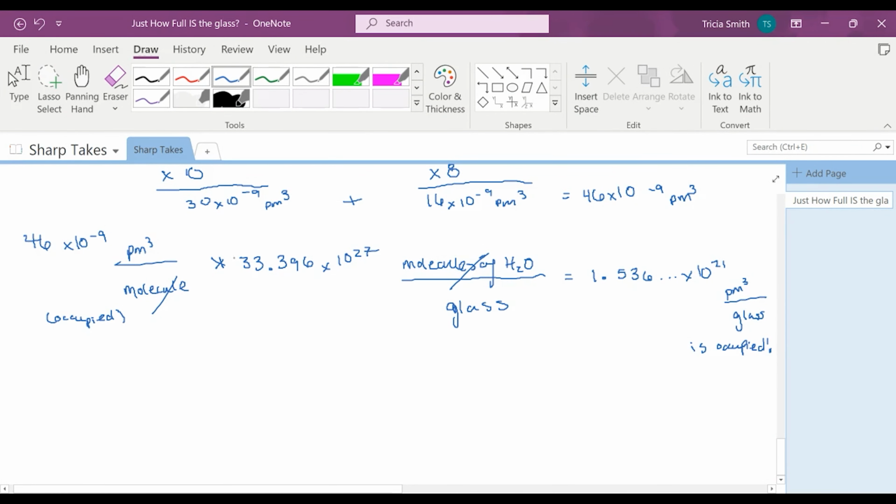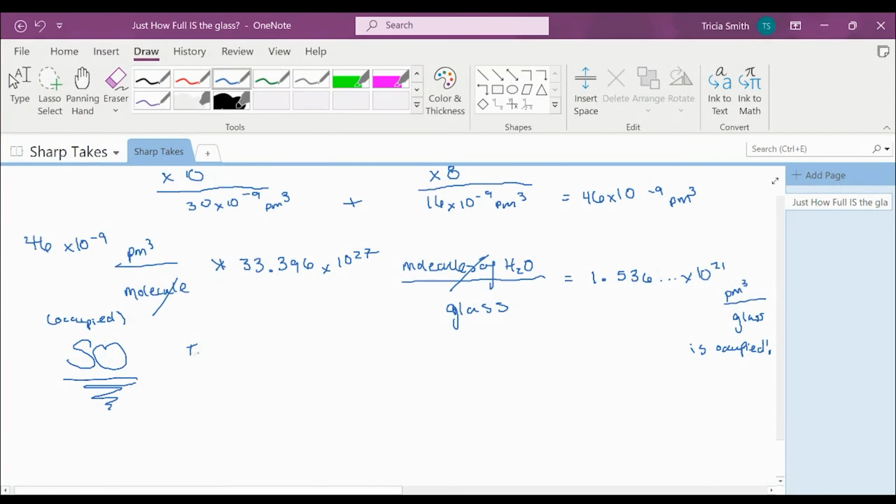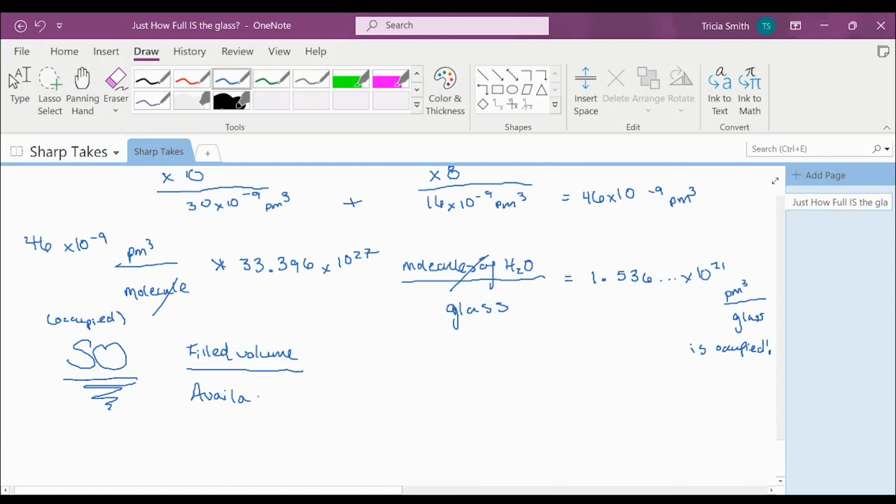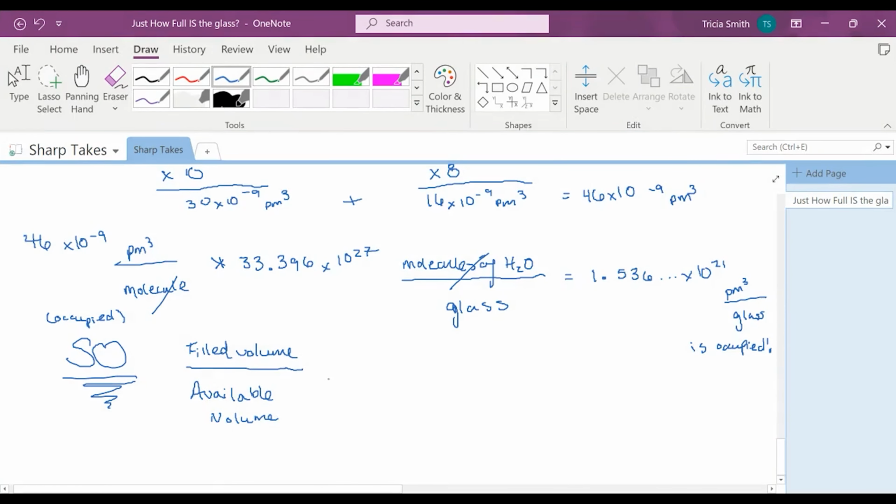Okay, so filled volume over available volume times 100%.